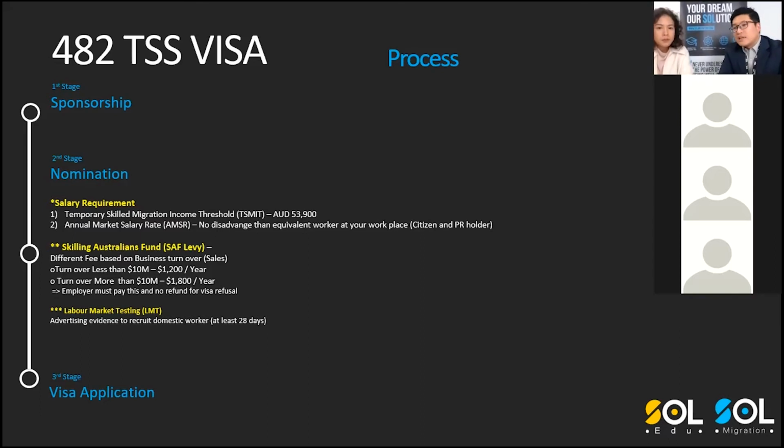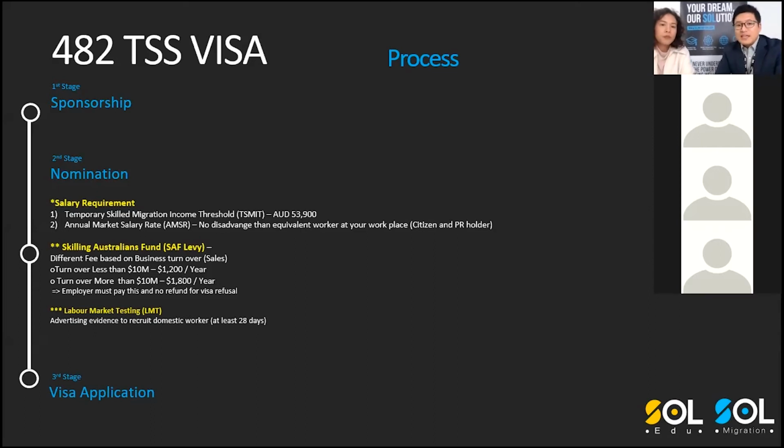To assess those requirements, there are 3 very important things you must remember. Your employer has to do this, but a lot of employers don't know about it. So if you want to explain to your employer what they have to do to provide a sponsorship, you have to remember and explain these 3 things in the nomination stage.